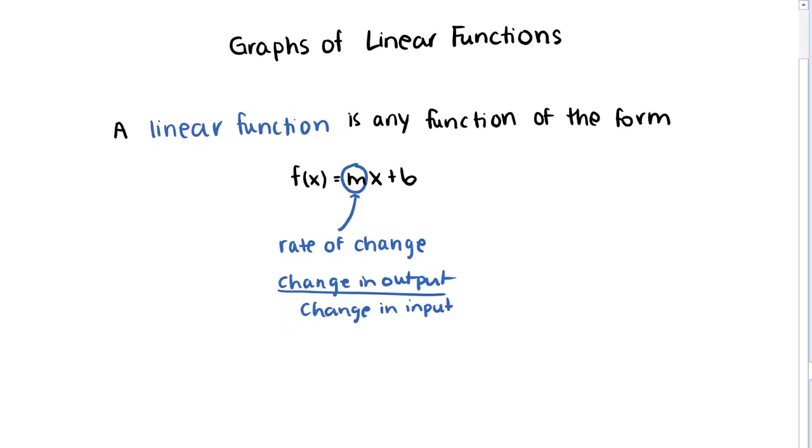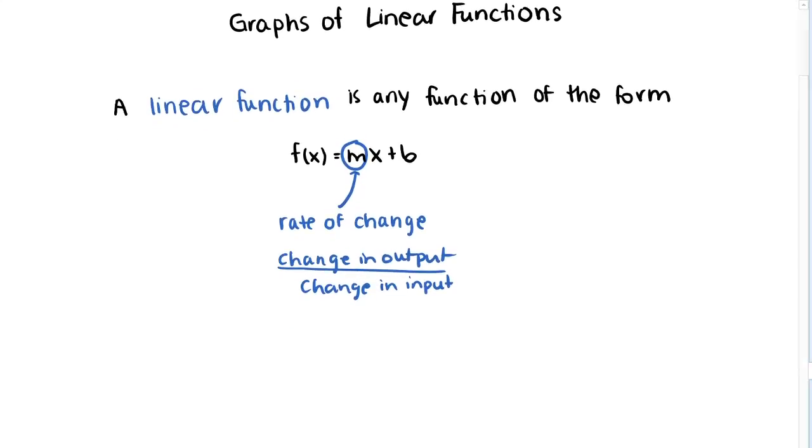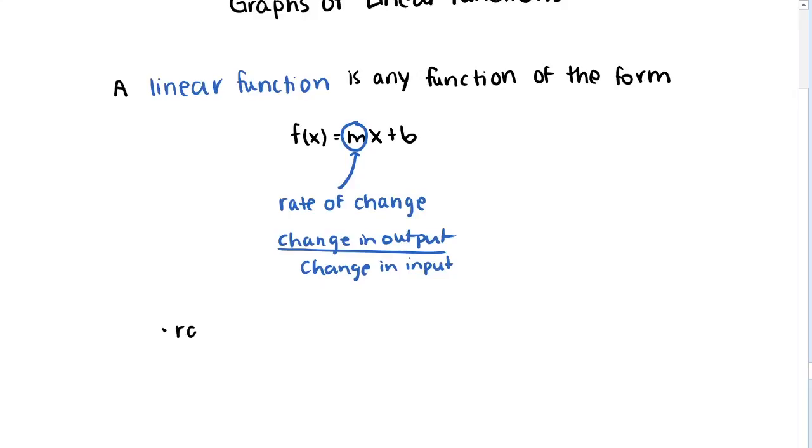And this is a key fact about linear functions: the rate of change is always the same between any 2 points on our linear function. We say the rate of change is constant, and that constant appears as the coefficient of our input variable. So they have a constant rate of change.